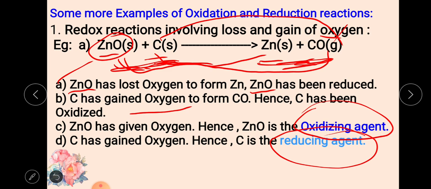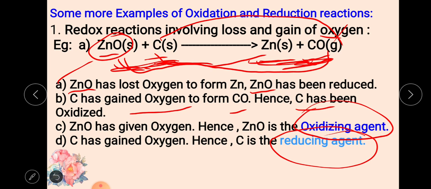Carbon has gained oxygen to form carbon monoxide, hence carbon has been oxidized. So if they ask which is reduced and which is oxidized, whatever is reduced and oxidized will be on the product side, but the reducing agent and oxidizing agent are on the reactant side. So zinc oxide is reduced to zinc, and carbon is oxidized to carbon monoxide.